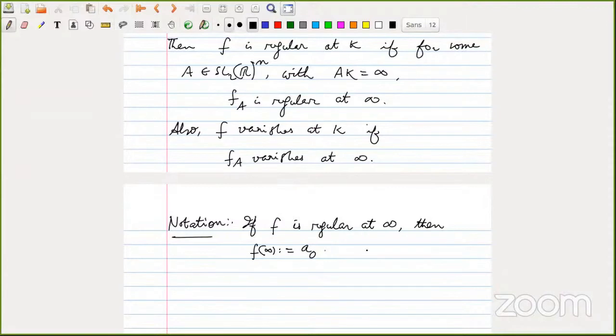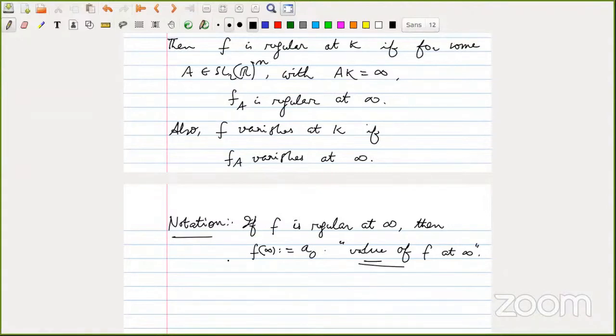This is called the value of f at infinity. So these are just things which are similar to the case of elliptic modular forms.